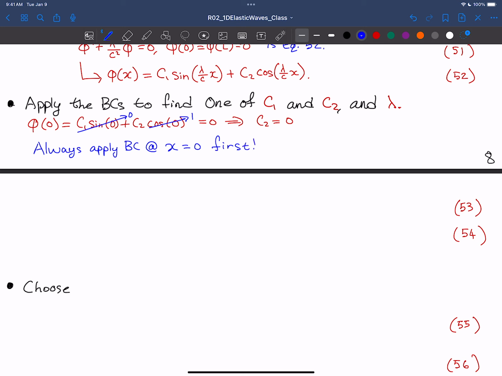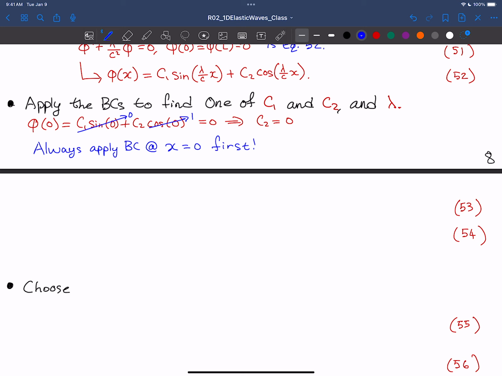There are times where it's more convenient to apply a boundary condition at x equals L. And typically in those situations, you will reformulate the system such that the independent variable is x minus L, or L minus x, rather than being dependent on x itself.